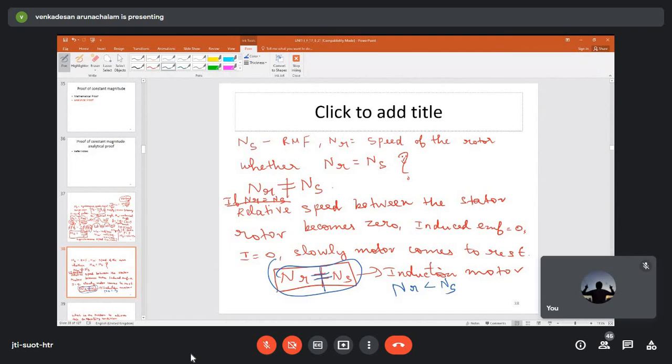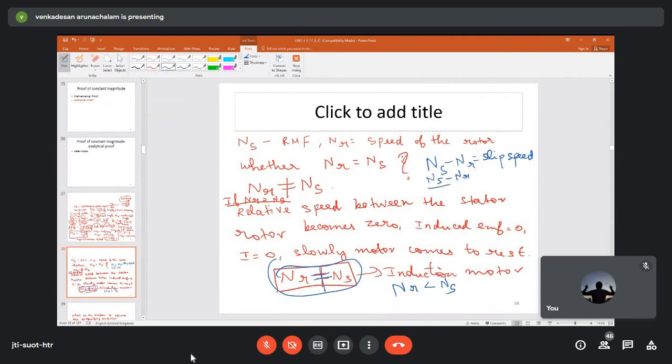Now the difference between the synchronous speed and the rotor speed is called the slip speed.